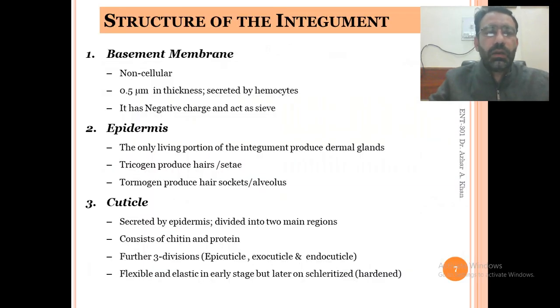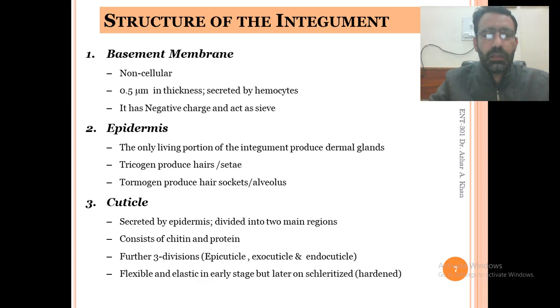So the structure of the integument, first of all, basement membrane, the innermost layer of insect integument, that is a non-cellular layer, and this is almost 0.5 micrometers in thickness and secreted by hemocytes.